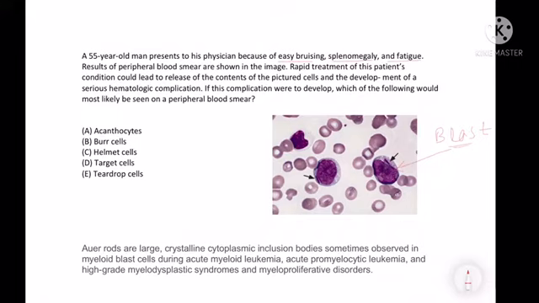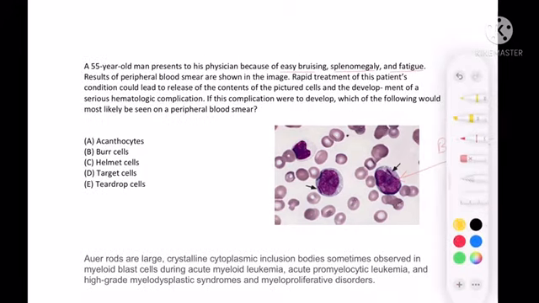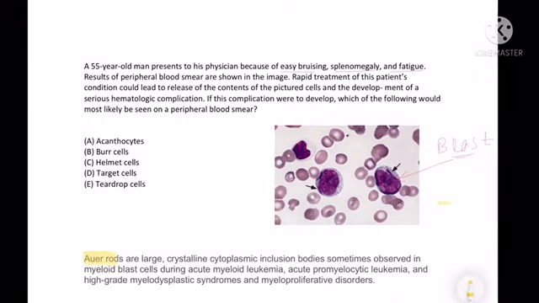hepatosplenomegaly, easy bruising because of the thrombocytopenia, fatigability because of the anemia, easy infections because of the immature WBCs. The Auer rods are large crystalline cytoplasmic inclusion bodies, sometimes observed in myeloid blast cells during acute myeloid leukemia.